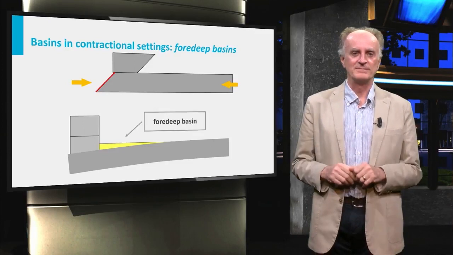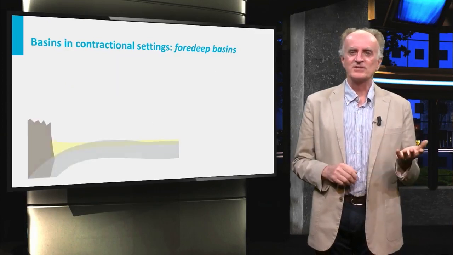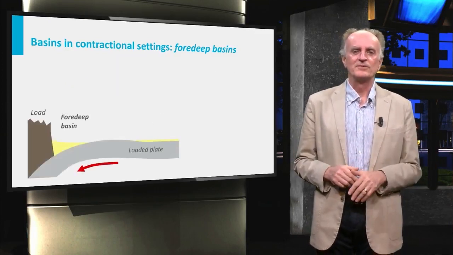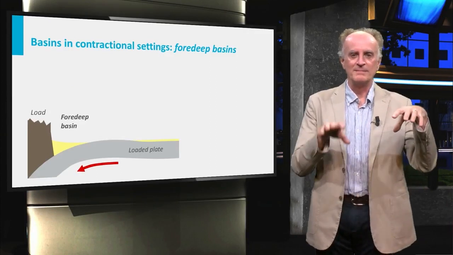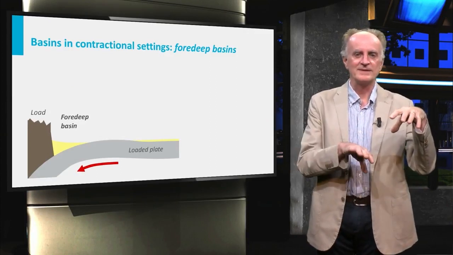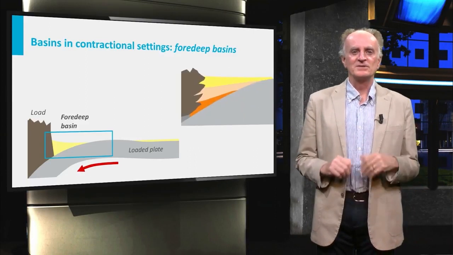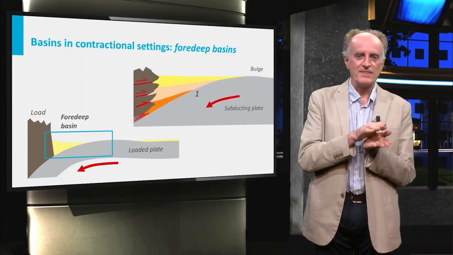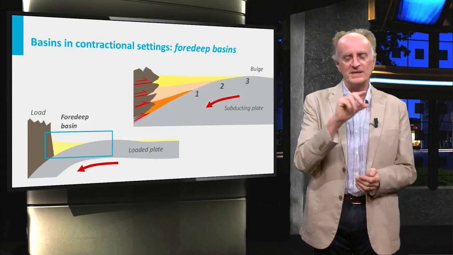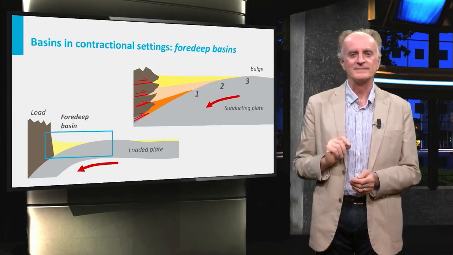This is the foredeep basin. In the picture, you see the main elements of foredeep basins: the load, the basin itself, and the loaded plate. The basin which developed has a triangular shape, thickening towards the mountain and pinching out away from it.